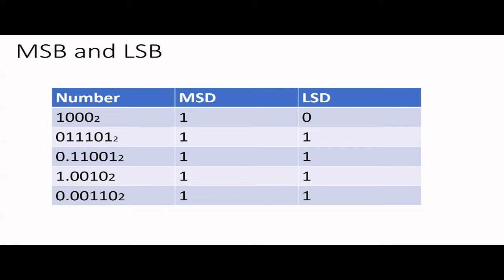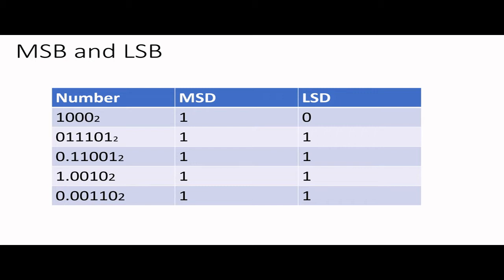So here, LSD will become the most right extreme number, and MSD will become the most left extreme number, which is not a 0. So 1 is the answer again. This one is a binary number, which is a decimal number. In decimal numbers, having zeros at the right extreme or the left extreme, we don't care.